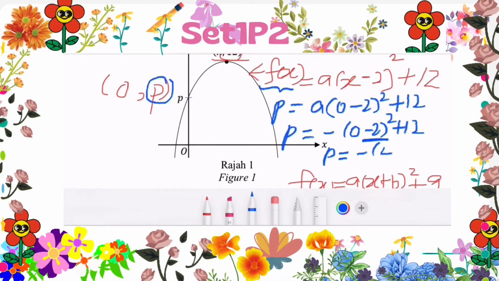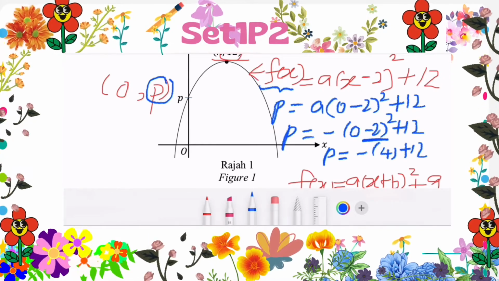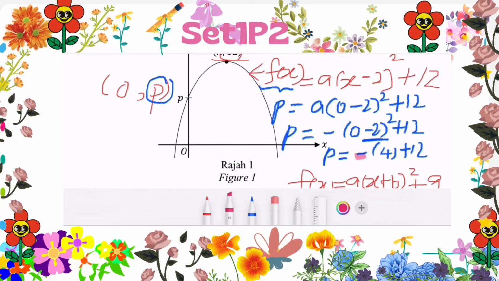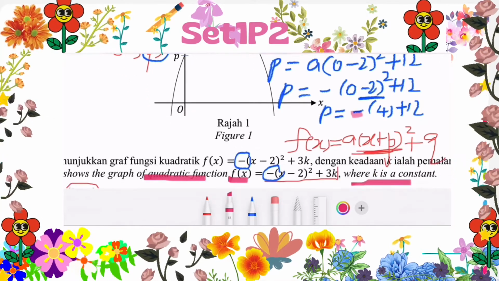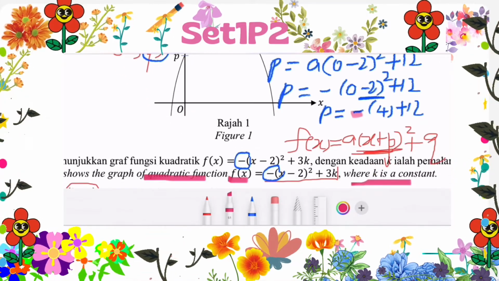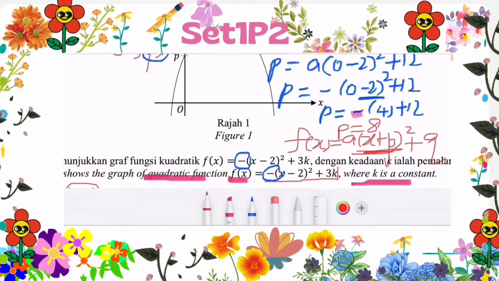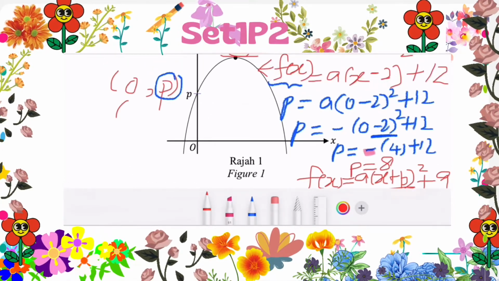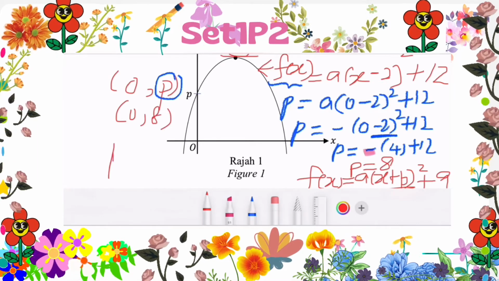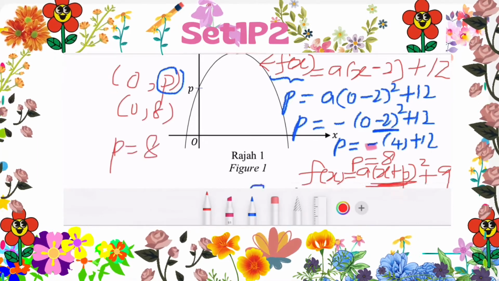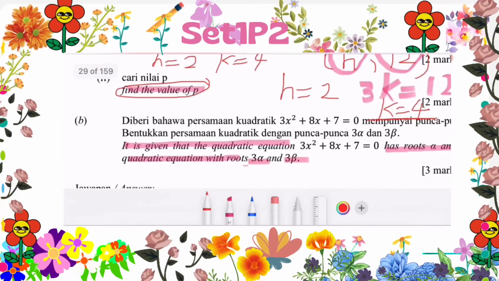Negative 2 squared is positive 4 plus 12. Be very careful with this one. These are negative, right? So the answer is 12 minus 4, which is 8. So the answer for p is equivalent to 8. So (0, 8). p is equal to 8. Right, so we have solved the p.